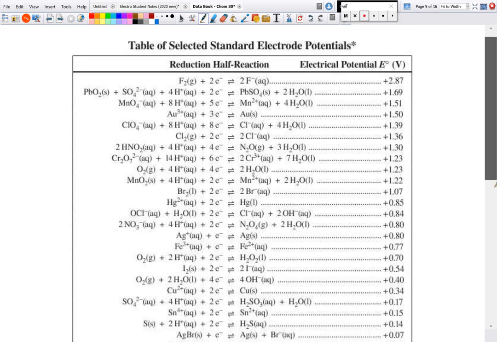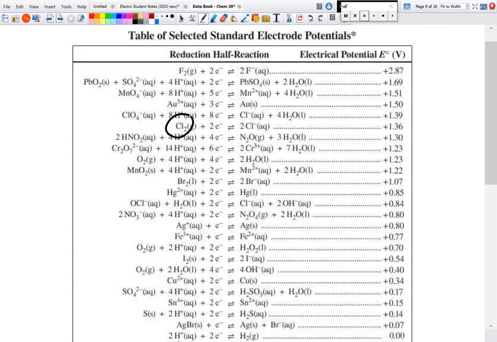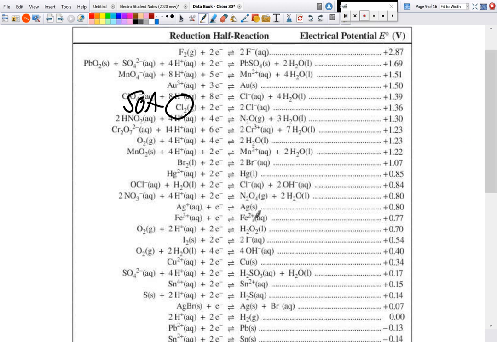All right, so you'll notice that our chlorine gas is our strongest oxidizing agent, and our strongest reducing agent out of everything that is listed is our iron 2 plus, right? Because as a reducing agent, we have water that's all the way up here, so that is not the strongest, so we are not going to worry about that one.